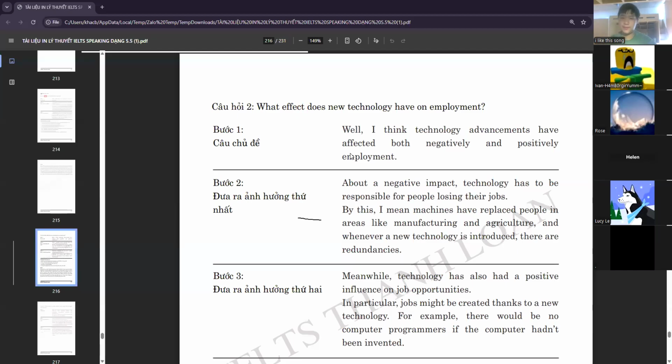In this case, they're asking what effect new technology has on employment. Think about employment. What do people work as? Think about some jobs that have a connection to technology, jobs that would be replaced by technology or improved by technology. Try to think about that.